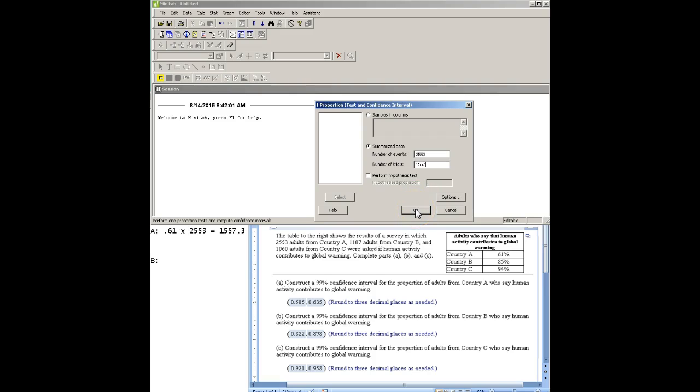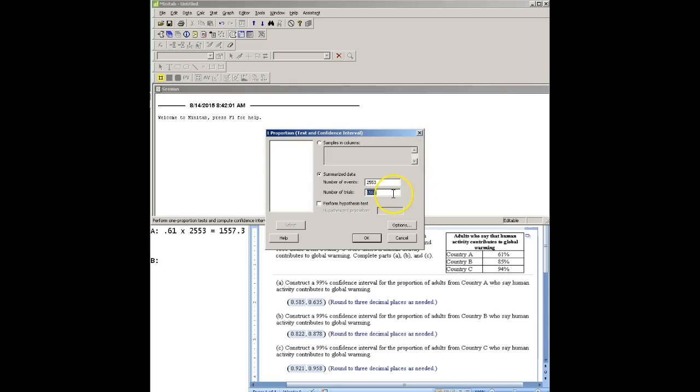Minitab is pretty smart. It knows that I made a mistake there, and it's going to tell me. It's not even going to do the calculation. It's not going to let me make a mistake. It knows that this one needs to be larger. The whole sample needs to be larger than the proportion, which makes sense. It's pretty logical.